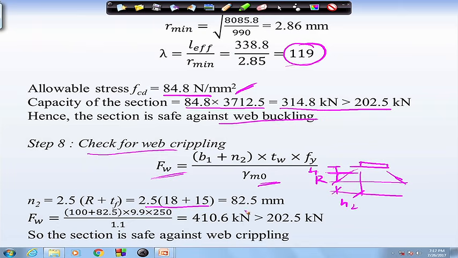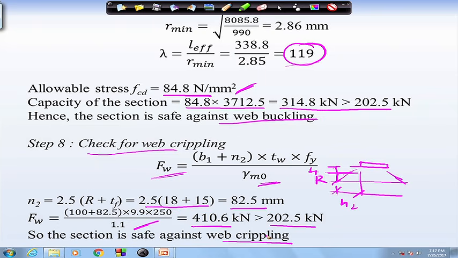So, the N2 value is becoming 82.5, and then I can find out the crippling strength, which is becoming 410 and is more than 202 kilonewton. So, the section is safe against web crippling as well.